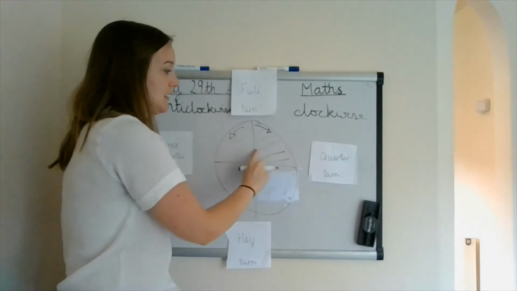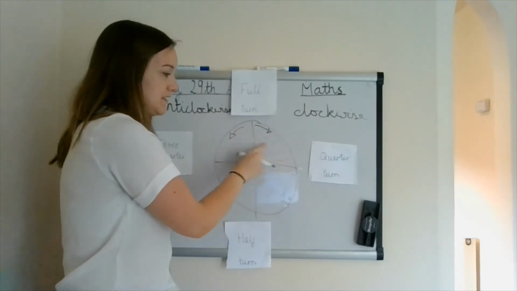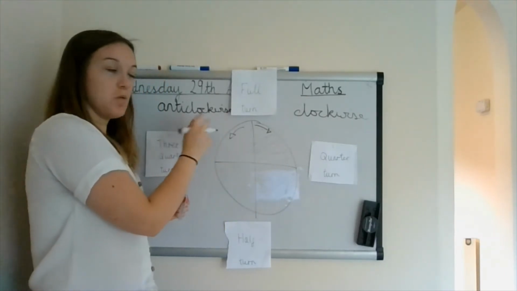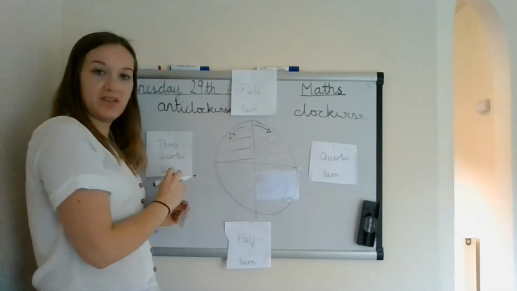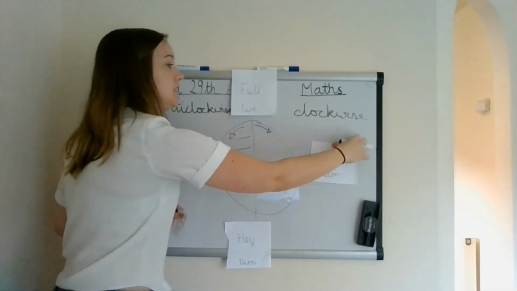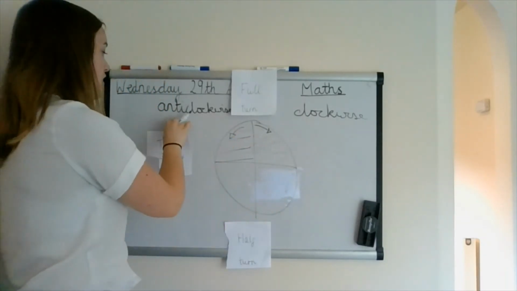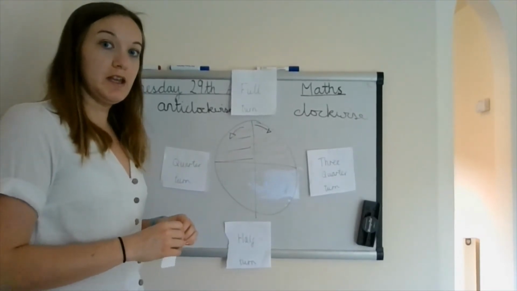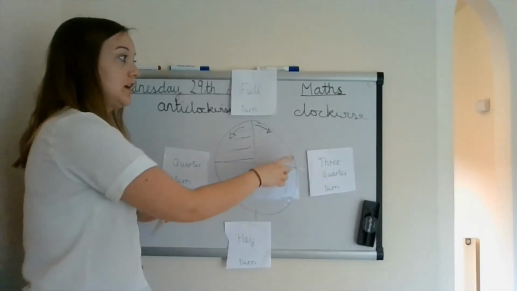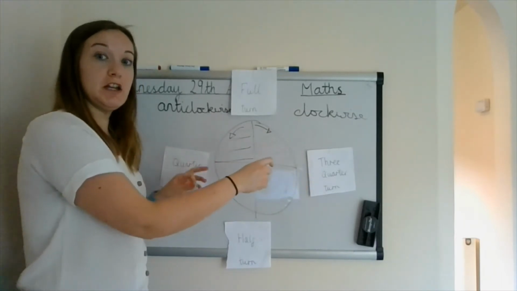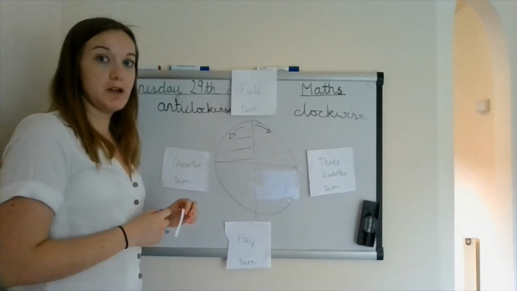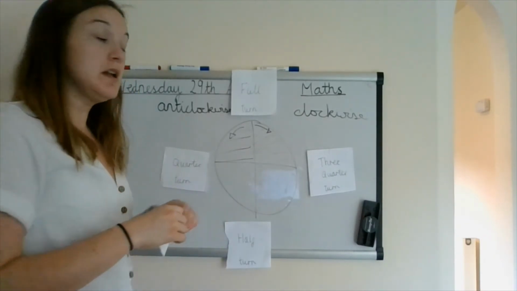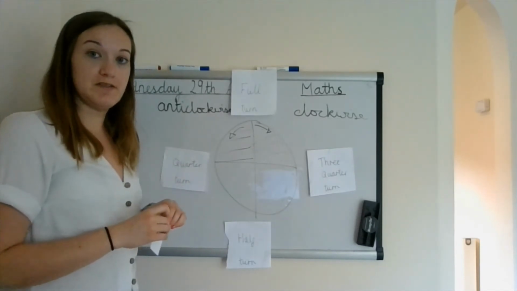But when we do a quarter turn anti-clockwise, it would actually mean we're doing one part this way, and we need to swap our quarter turn and our 3/4 turns around. Okay, so as it is a bit tricky, I would like you just to have a turn at trying the clockwise, and then when you're really confident, move on to learning about anti-clockwise, okay? So that's why the My Maths might be a really good way of learning about it as well, and then you can move on to doing your activities.